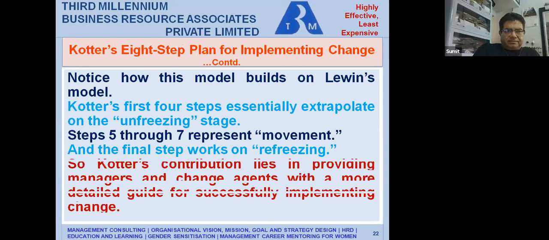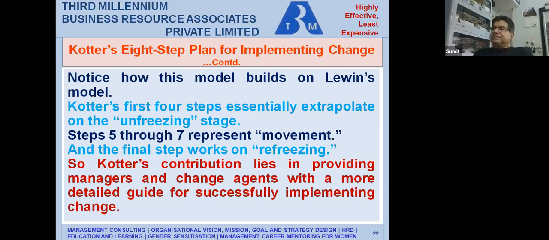This is the summary of what we have done so far. And again, these 8 steps we'll quickly look at in the context of what we can do, how actually to implement these steps. So how does this model build on Levin's model?